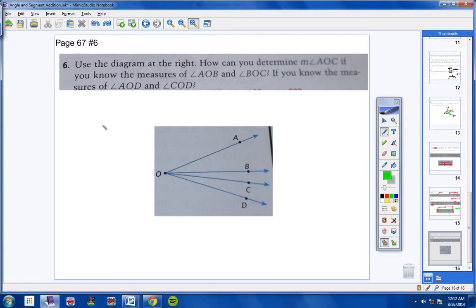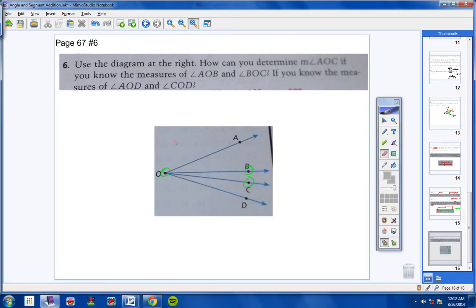I added angle AOB plus the measure of angle BOC. There we go. And by adding those two angles together, I would know the measure of angle AOC.